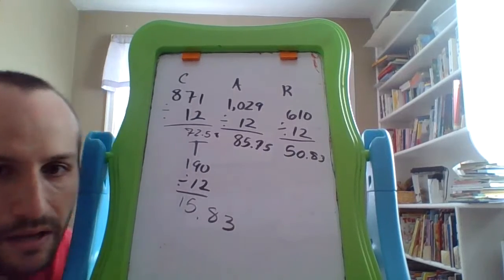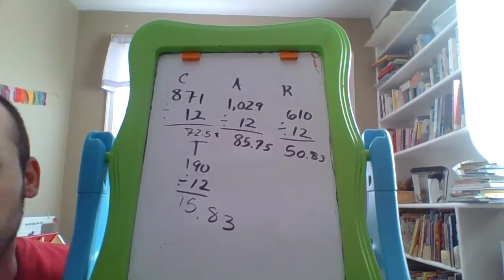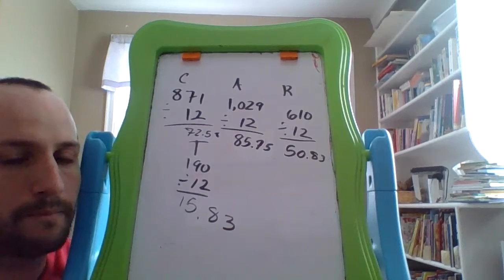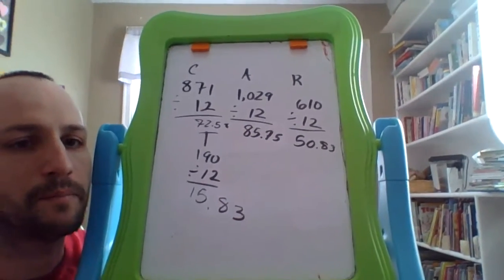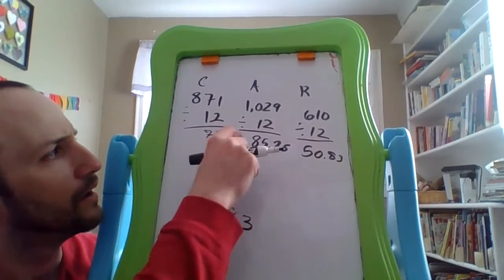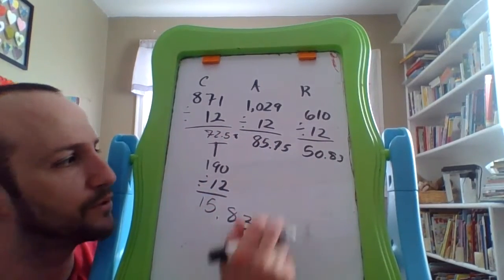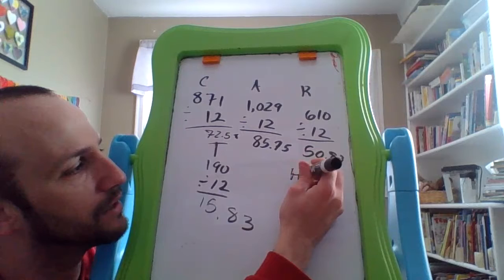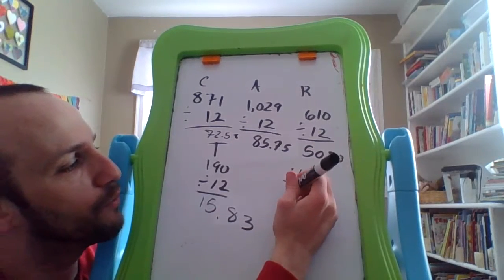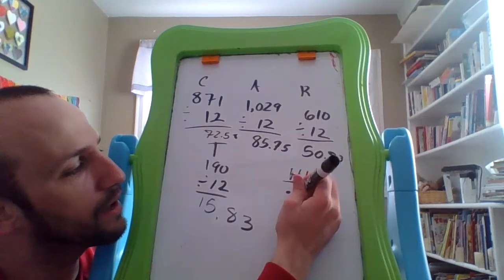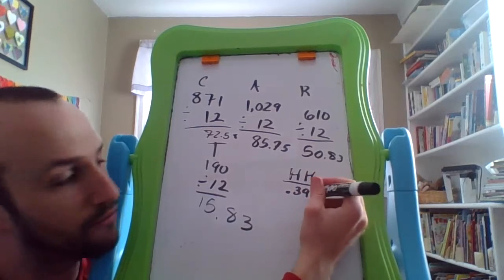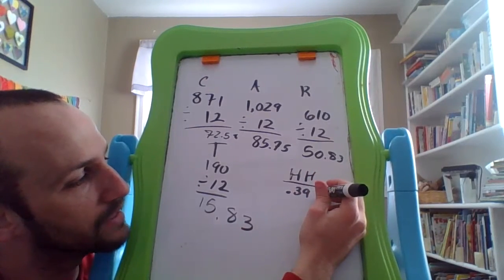If we're using the Hill-Huntington method, when we go to round them, since we're above 0.5, all of them are going to go up. It's important to remember that with the Hill-Huntington method, if we are essentially below 0.4, we're going to round down.